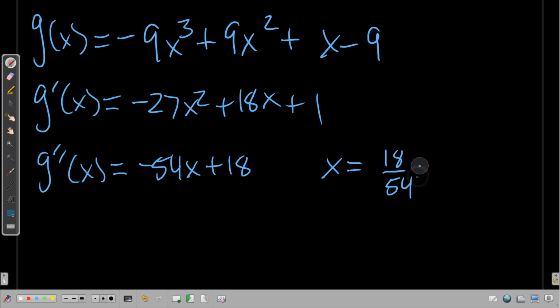And this 18 over 54 simplifies in multiple ways, because 18 is 2 times 9 and 54 is 2 times 9 times 3. So this is just 1/3.